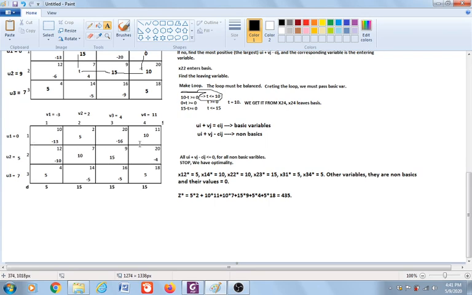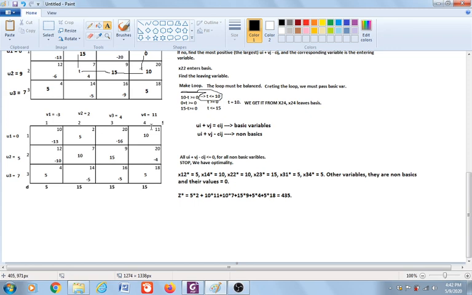We need to send 10 truck loads from silo number 1 to mill number 4. We need to send 10 truck loads from silo number 2 to mill number 2, 15 from silo number 2 to mill number 3, 5 from silo number 3 to mill number 1, and 5 truck loads from silo number 3 to mill number 4.